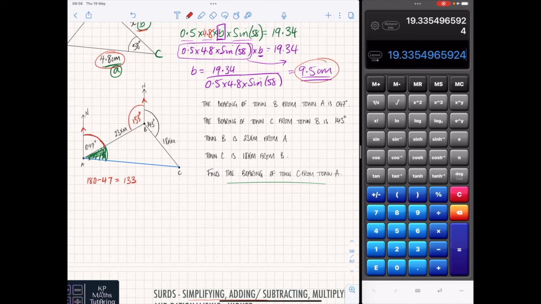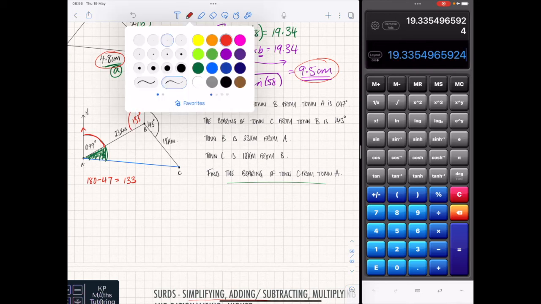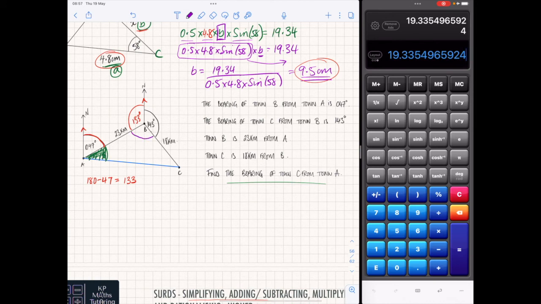So that's my first thing, which leads me on to the next part of my question where I could actually find this angle now. Because what I know is that this angle plus this angle plus this angle has to give me 360. So the next part of your question will be to do 360 minus 133 minus 143, and that gives me 84 degrees.